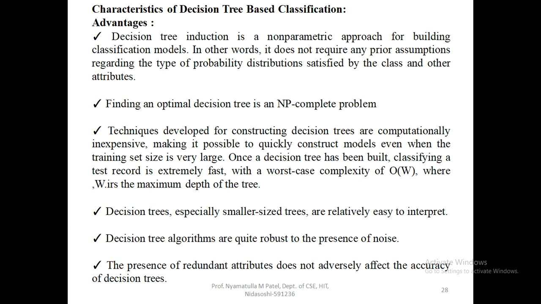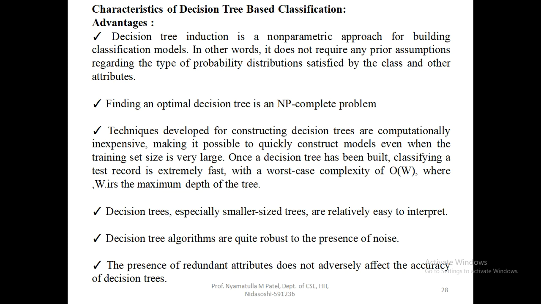One more advantage is that finding the optimal decision tree is an NP-complete problem. Optimal decision tree means that with the minimum number of nodes we should be able to determine which record belongs to which class.